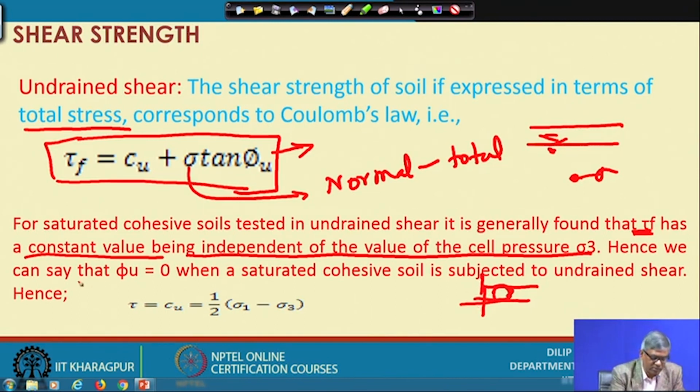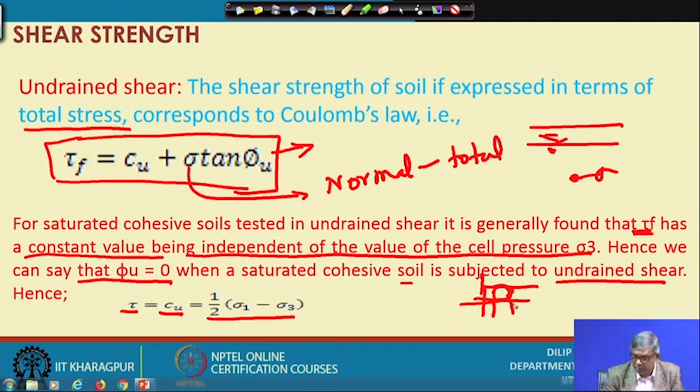So, tau f constant means there will be no phi. So, if you consider phi equal to 0, then for saturated cohesive soil subject to undrained shear, your tau f equals C u equals half of sigma 1 minus sigma 3, because this is sigma 1 and this one is sigma 3, then the diameter of the circle will be sigma 1 minus sigma 3.